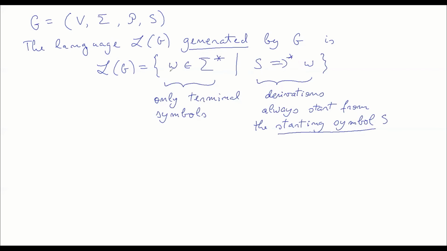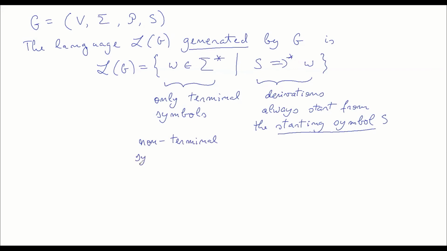And you only want words that are made of terminal symbols. So terminal symbols are those that you don't need to really replace anymore in your derivations. And that leaves the non-terminal symbols to be thought of.